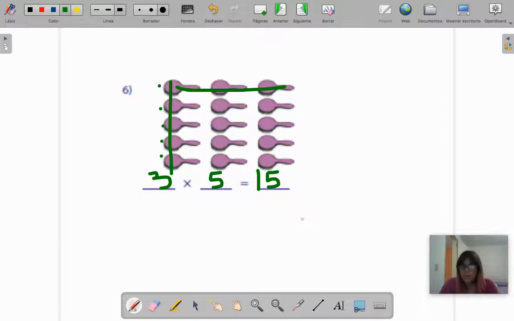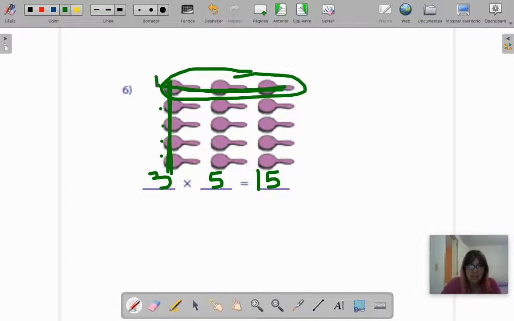So up to you, whatever you want to do at first, like I did. Put this side times this side, counting all of them, okay? Even if they cross here.